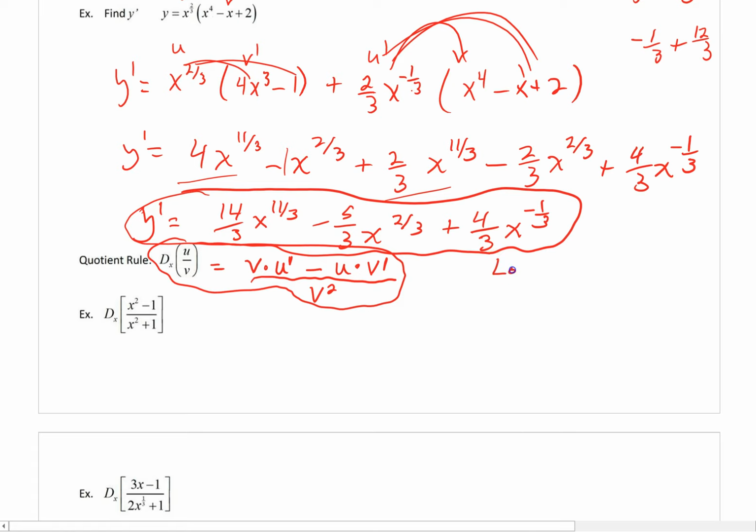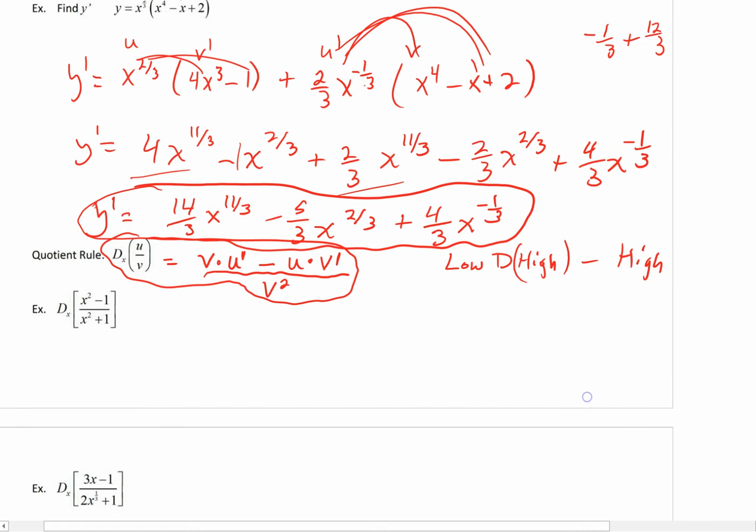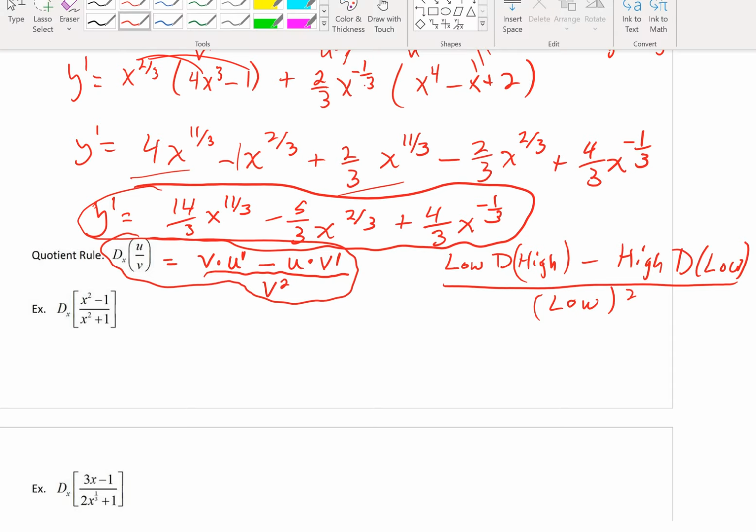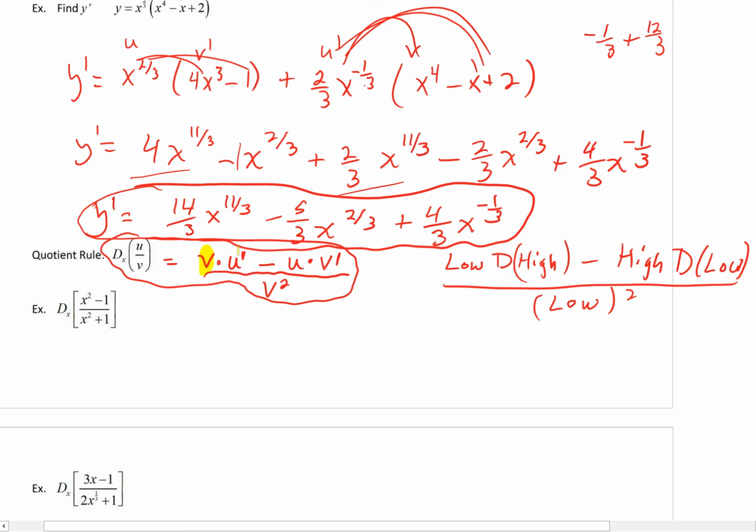You'll hear people say low d high minus high d low all over low squared. And that more or less is what you're seeing right here. When you say low function, that's v.